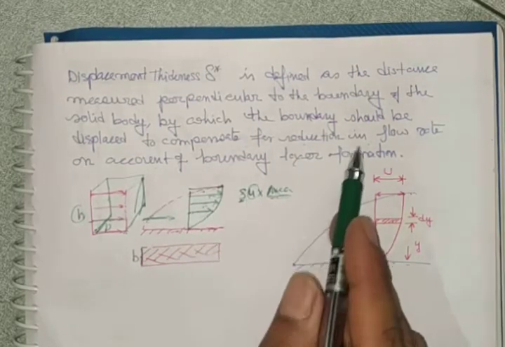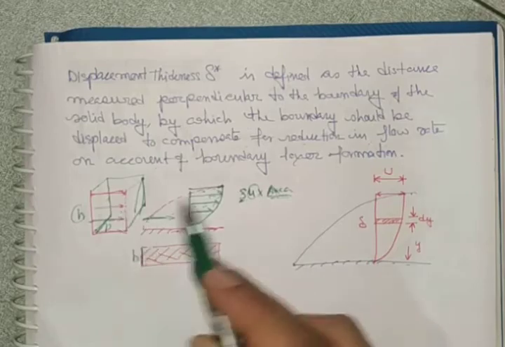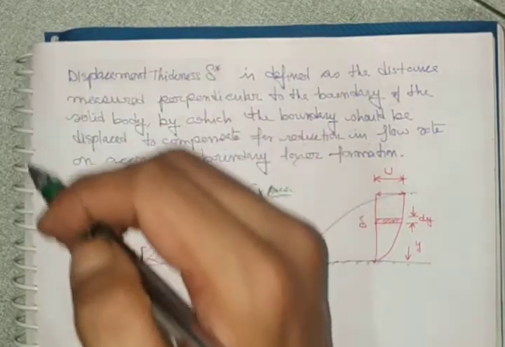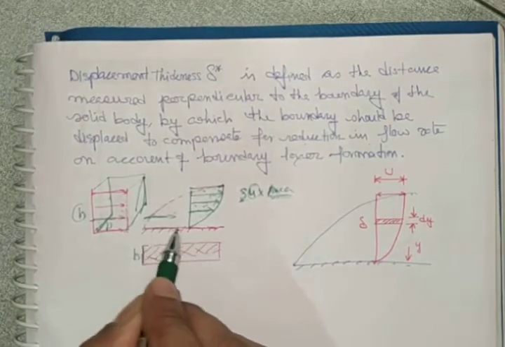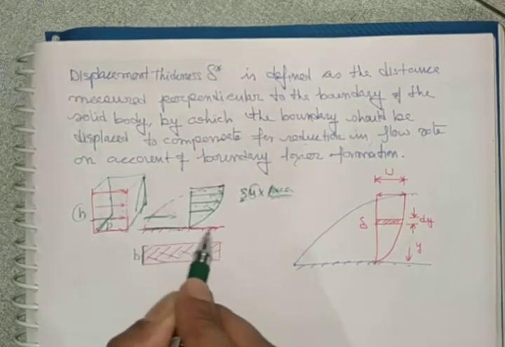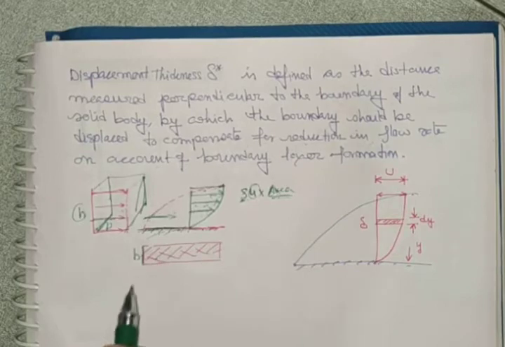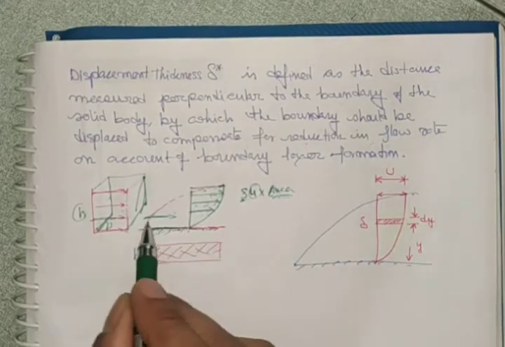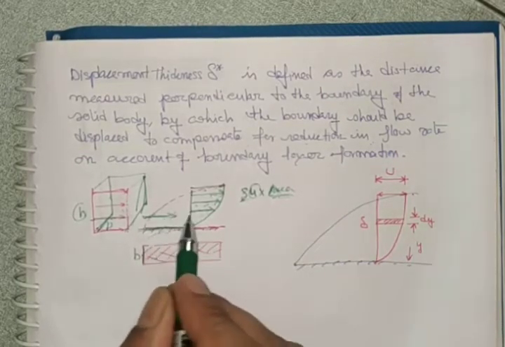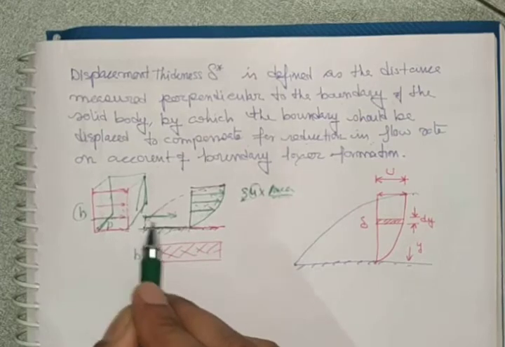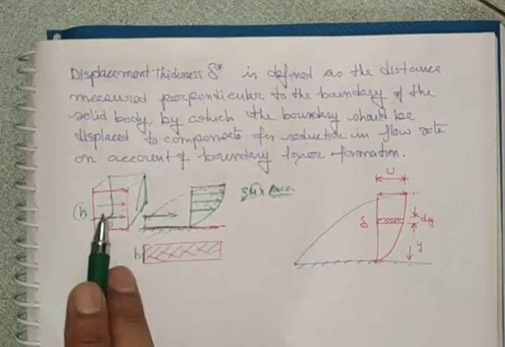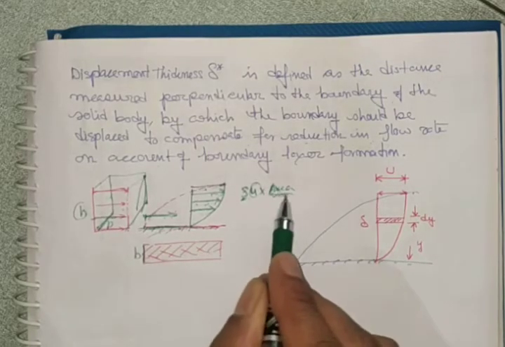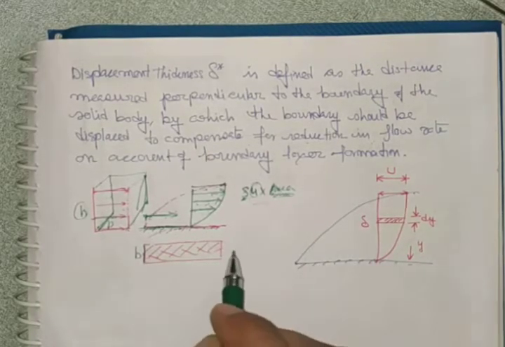To compensate that, here you have to shift this solid body. Those are actually imaginary, and if you do that, the area will be reduced, and finally you get the result.